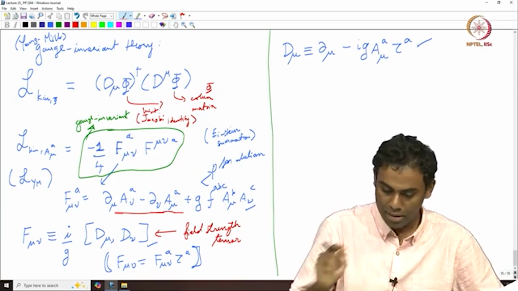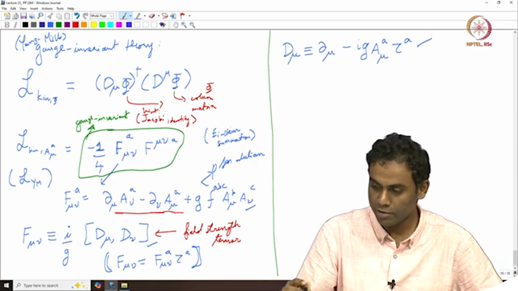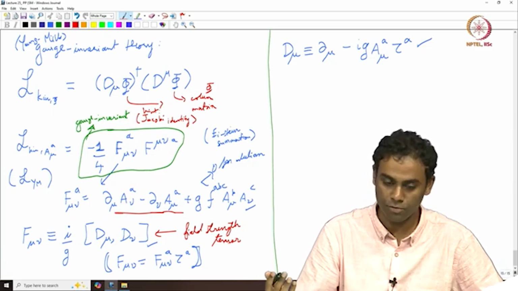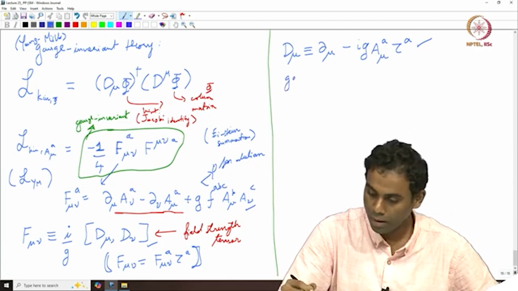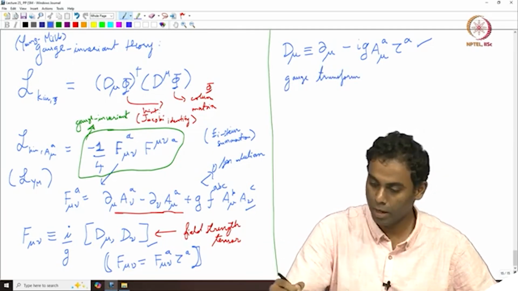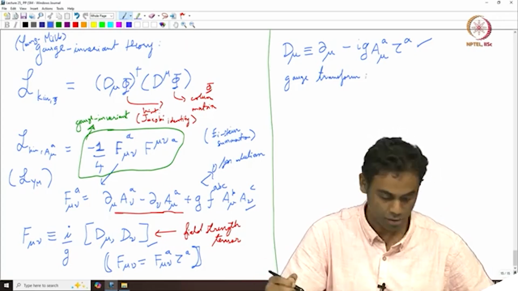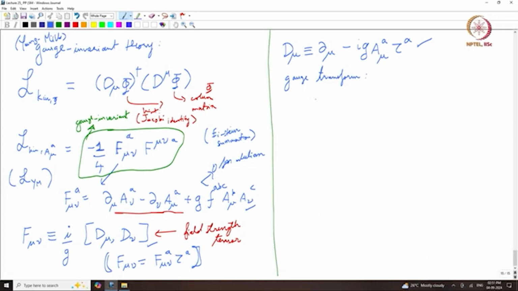All right. So I've told you the field strength tensor, I've told you the covariant derivative. How do the fields themselves transform? That also is not hard to see. Since I've written the covariant derivative, we've already written this down in a different form.